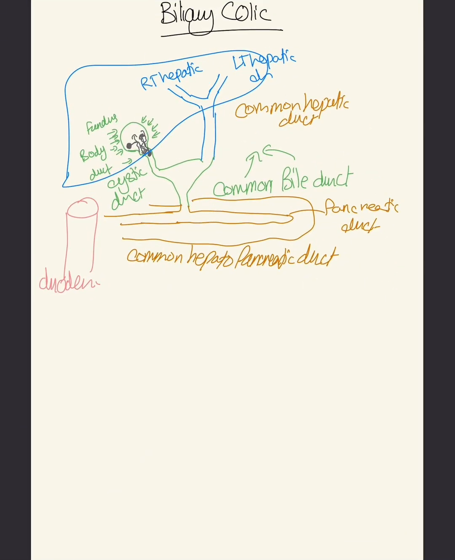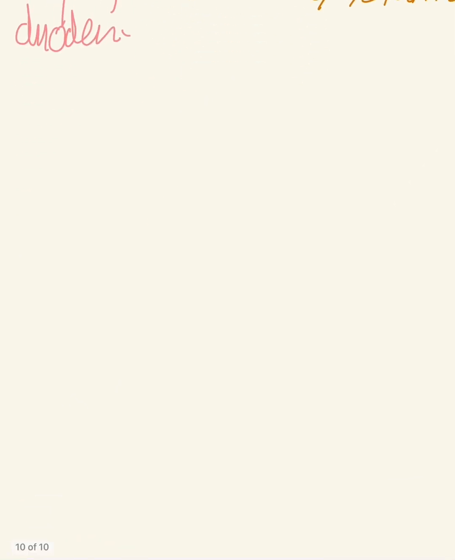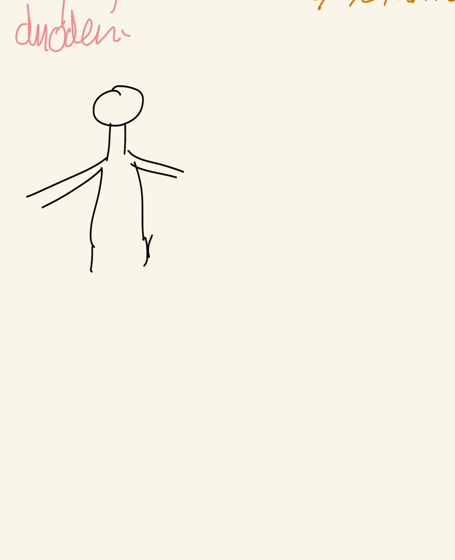So what happens here is that the patient, if we draw a patient here, this is our patient who is in pain, unfortunately. This patient would have right upper quadrant pain, because there is the liver. The liver is in the right upper quadrant of the abdomen, and there is a small gallbladder.